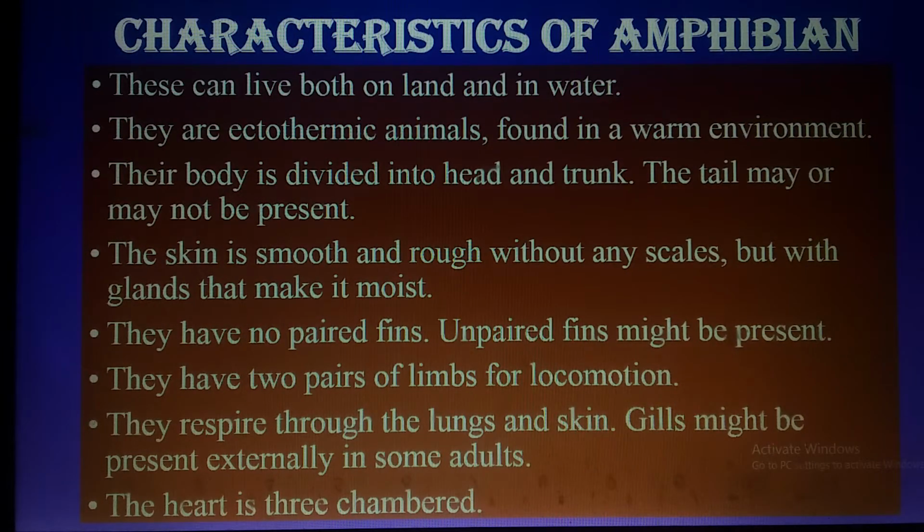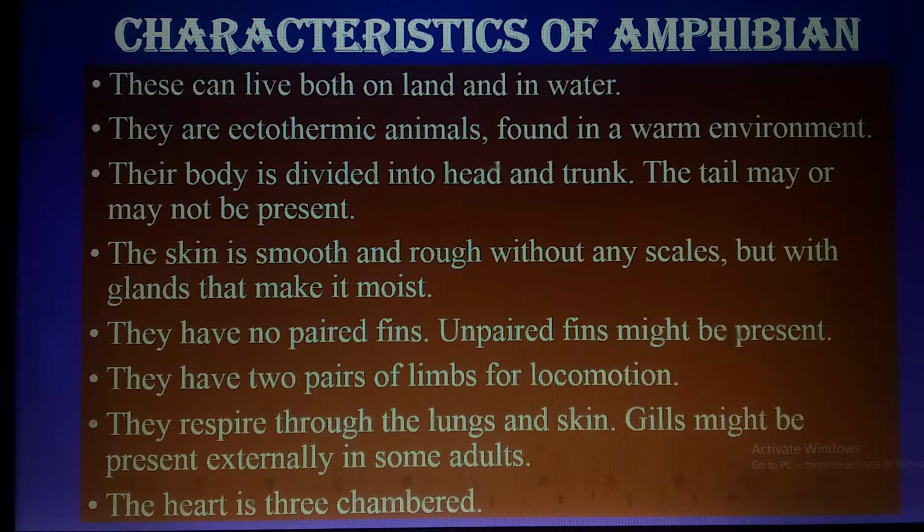Now, as I have discussed, amphibians live both on land and in water. They are ectothermic animals found in warm environments. Ectothermic means their body temperature varies according to their environment. Their body is divided into head and trunk.